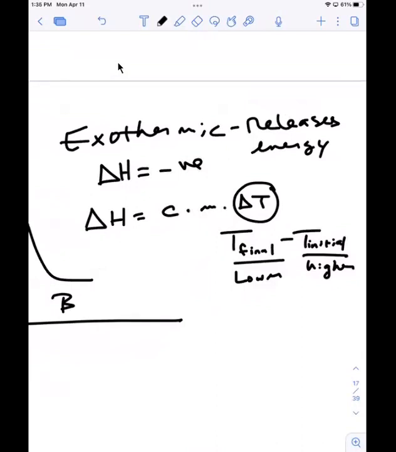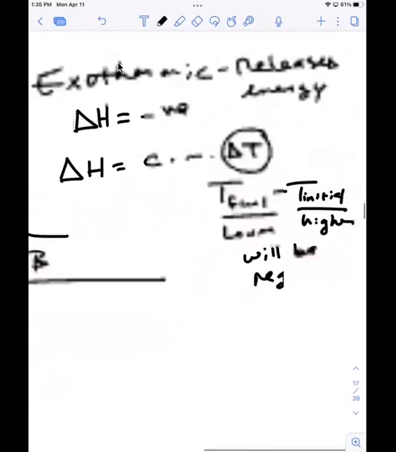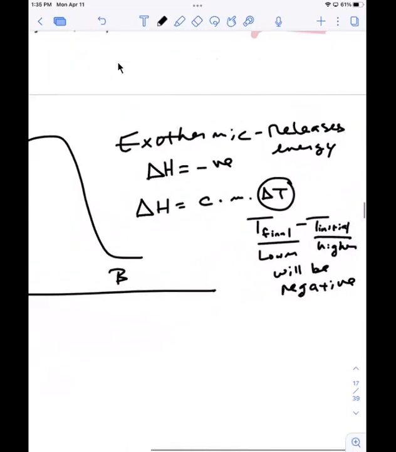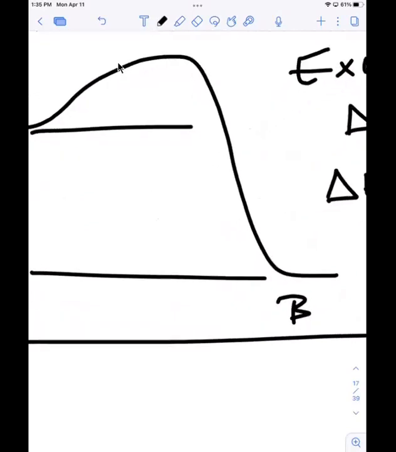That's why you see delta H being a negative number for an exothermic reaction. If it releases energy, the final temperature is going to be less. And so with that being said, you have a negative delta T, which is going to give you a negative delta H.